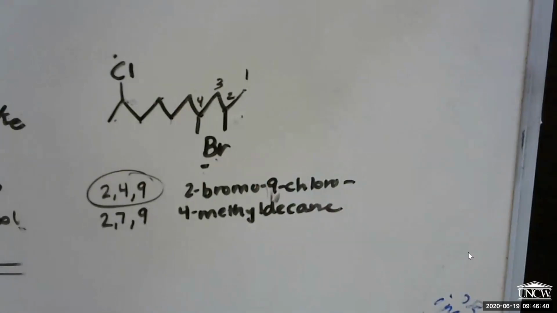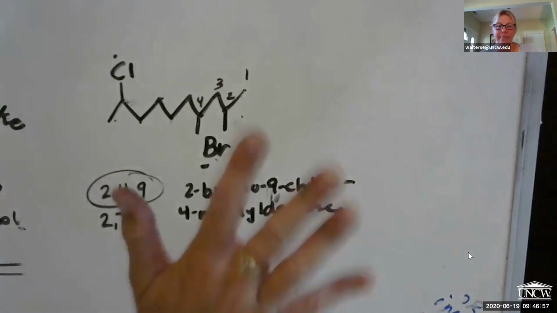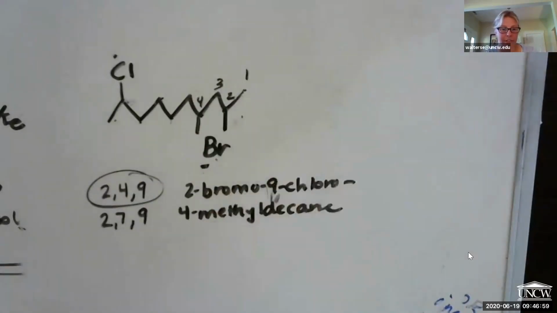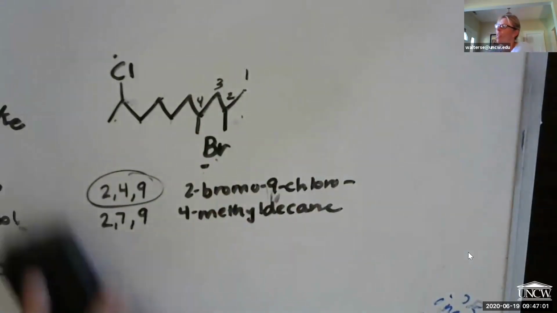I see a big white arrow in the bottom right corner of my screen. Oh no, I think I froze something. Oh gosh. Let's see, resume share. There we go. Now do you see my hand? Yeah. Okay, perfect.